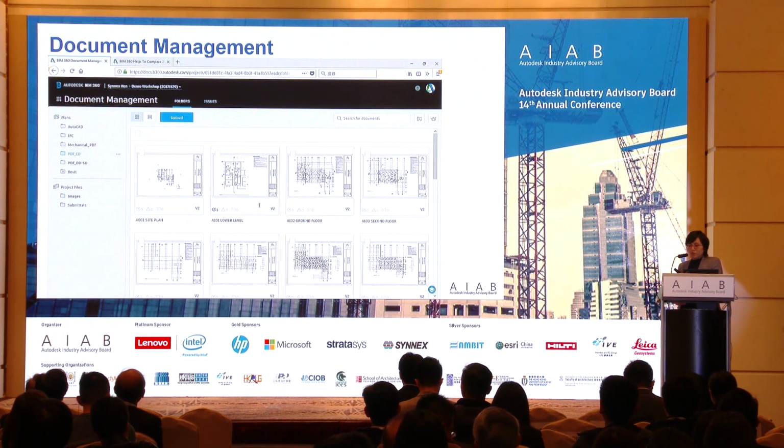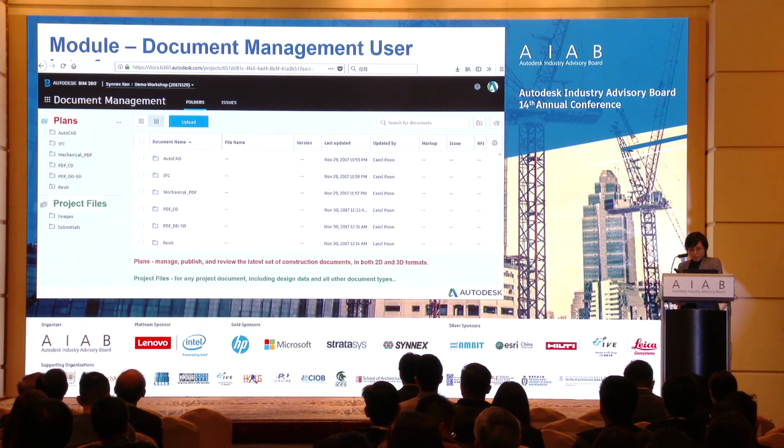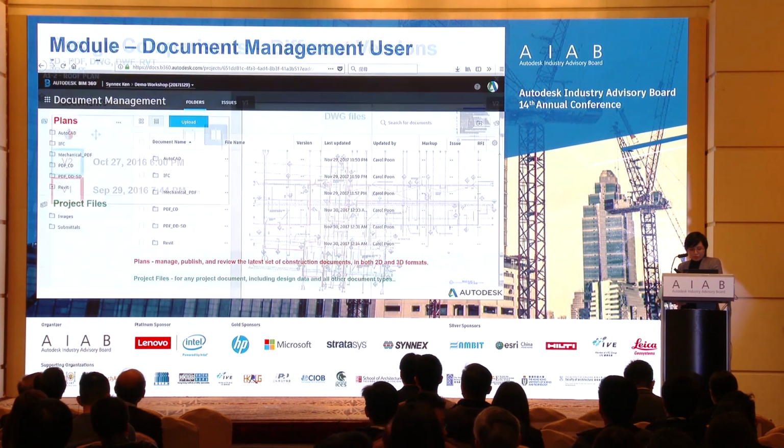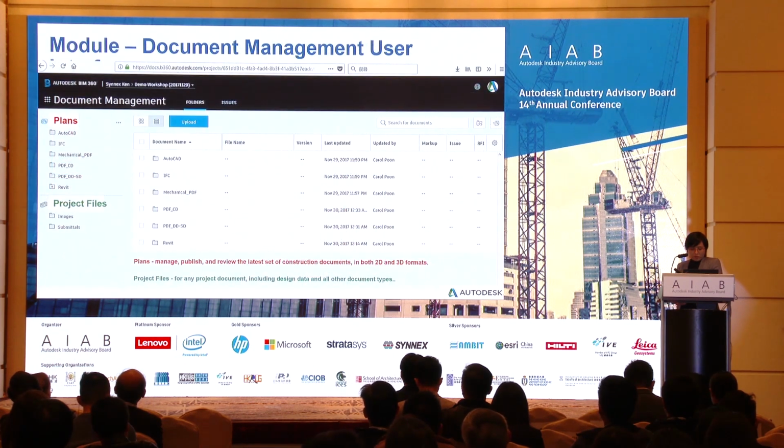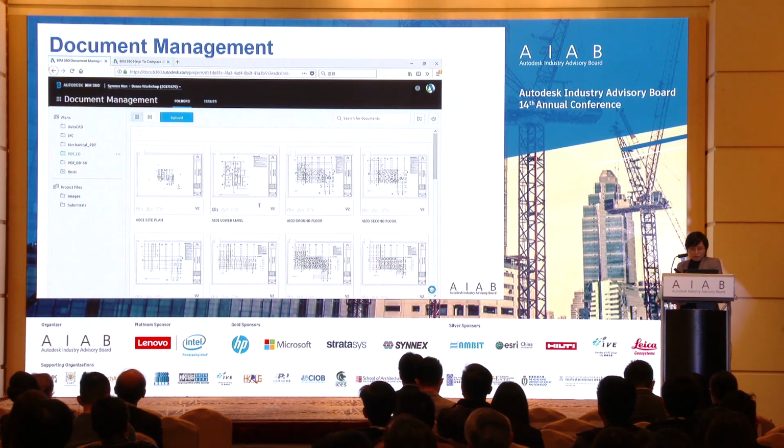Actually, for the PDF drawings, let me show you a picture. In practice, we don't publish or print a drawing in only one PDF. We may have multiple drawings, say about 100 drawings inside a PDF, right?